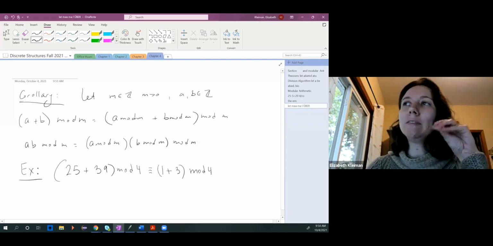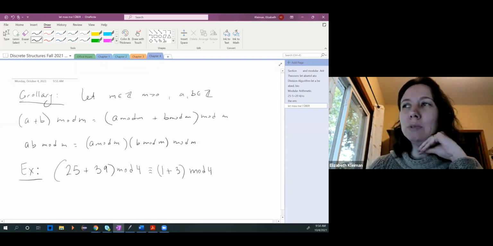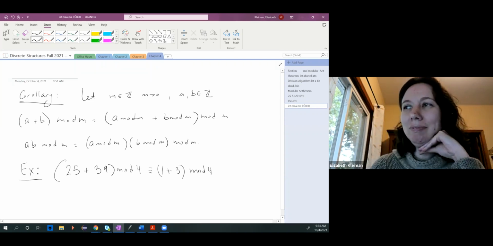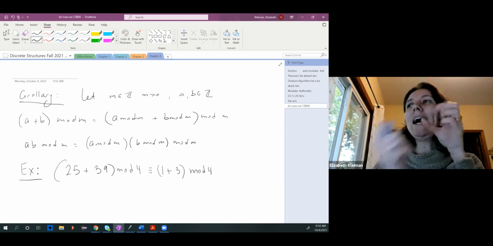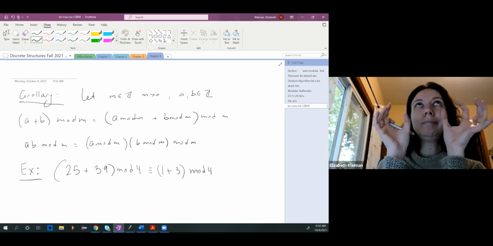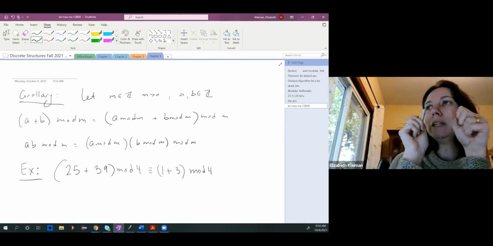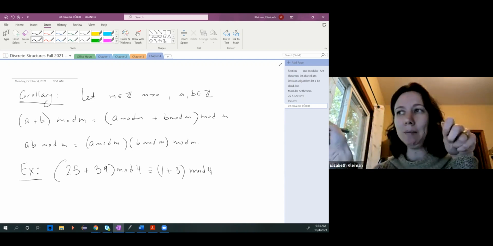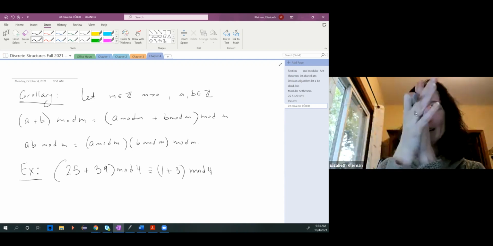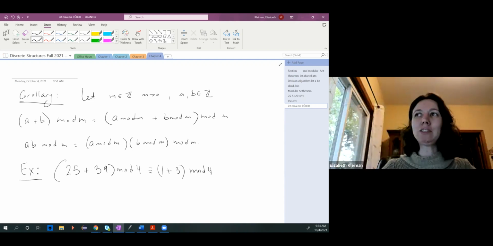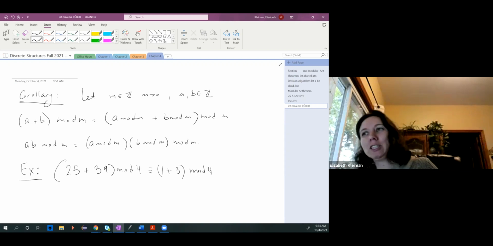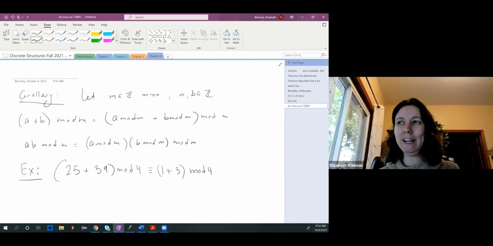Now, can you understand why I need to do mod 4 one more time? Because the result of 2 mods is going to be in between 0 and m. However, after you add them together, sometimes you might overflow, correct? And not get a number between 0 and m.